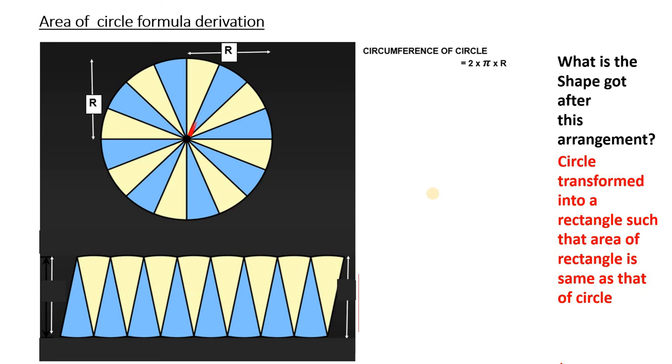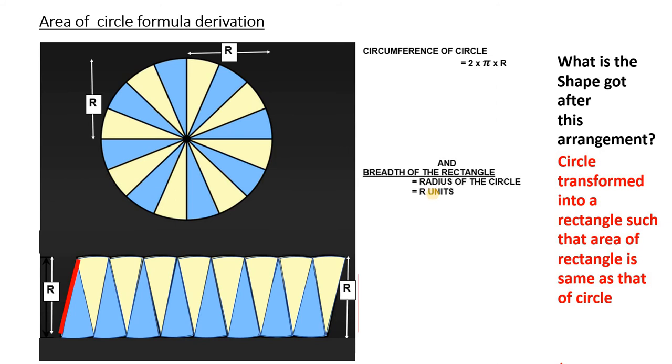See the animation, the red line is the radius of the circle. That red line is now the breadth of the rectangle. So the breadth of the rectangle is r, the radius of the circle.